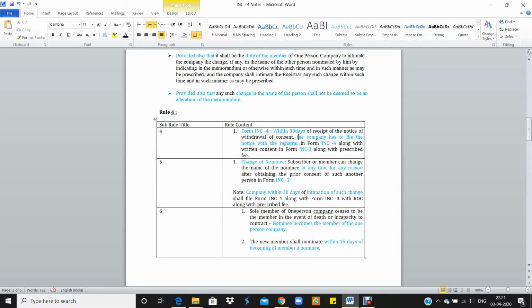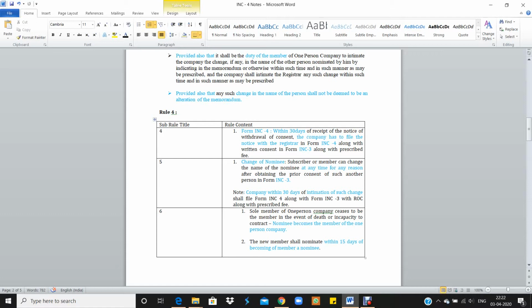Before appointing the new nominee, he has to obtain a written consent from the new nominee in the form of INC 3. So this INC 3 has to be attached with INC 4, and the company has to file the INC 4 within 30 days of receipt of notice of withdrawal of consent from the nominee, and the prescribed fee has to be paid along with the filing of this INC 4.